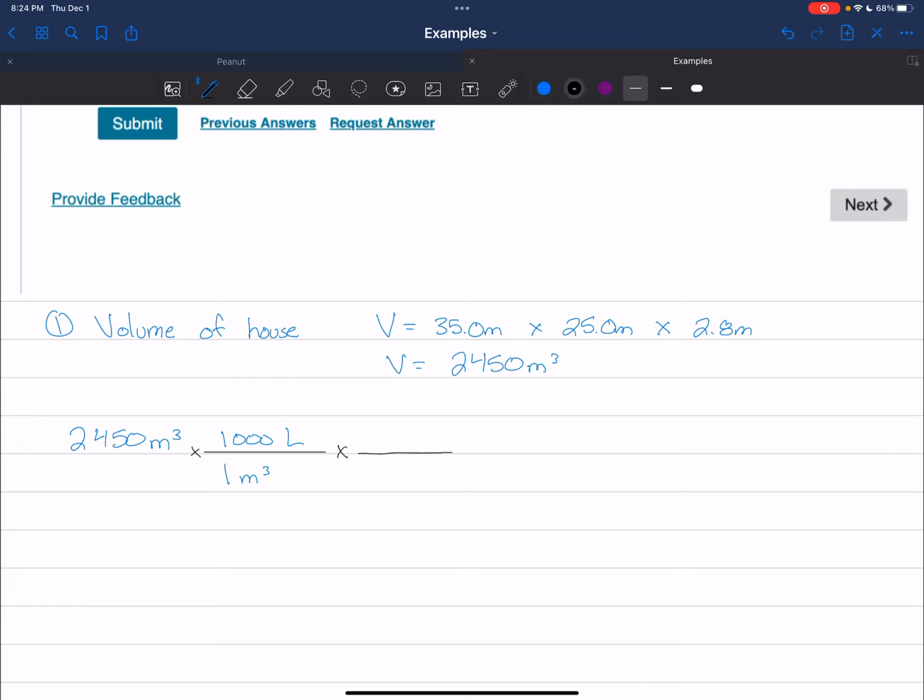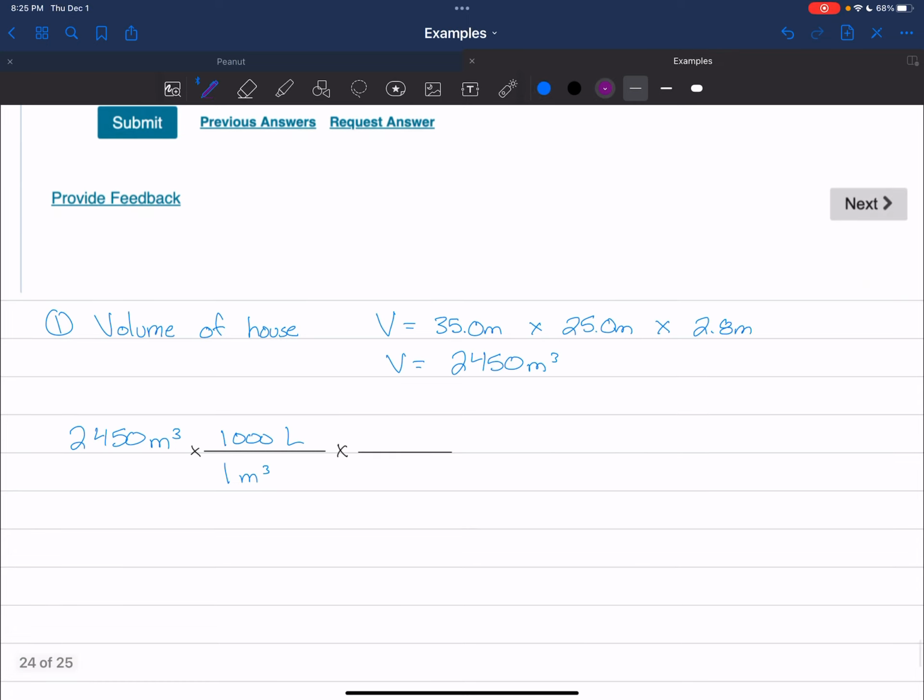And our problem tells us that 22.4 liters is 1 mole. So for air, this gives us 109,375 moles of air.